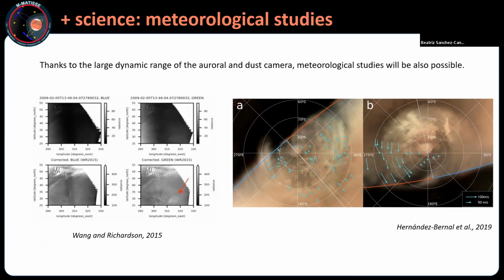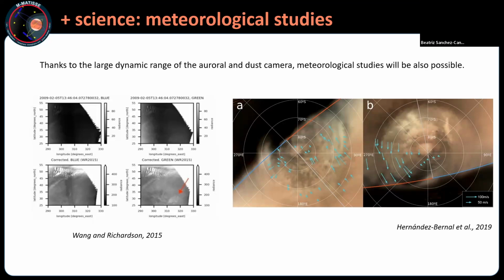So even if the mission is mainly focused, the goals of the mission are focused on plasma, we are fully aware that with the instrumentation we have, other people can do science as well. And one of these sciences is meteorological studies. So we have a group of people working with the capacity of the camera that we have to measure winds and how the clouds move. These are observations from MRO and from Mars Express, and they can actually do science with our camera.